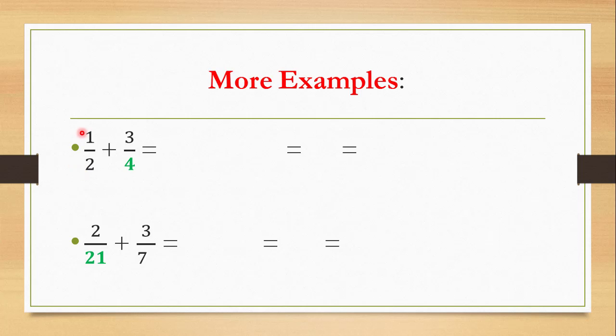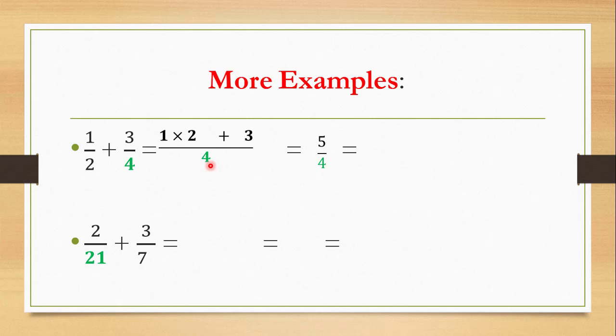So this fraction will be 4 in the denominator and 2 in the numerator, 2 over 4. Okay, so now we have 2 plus 3 over 4. The result will be 5 over 4.